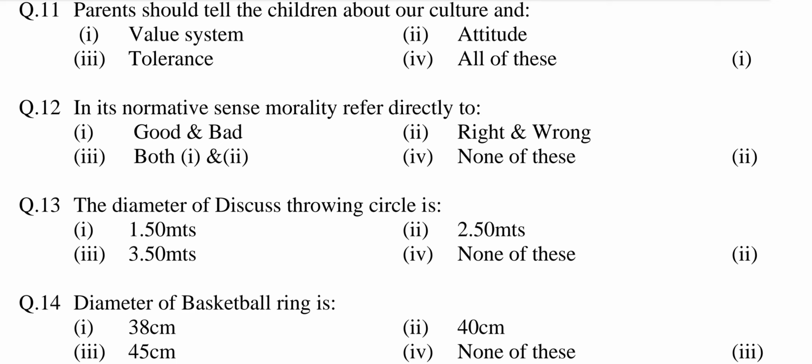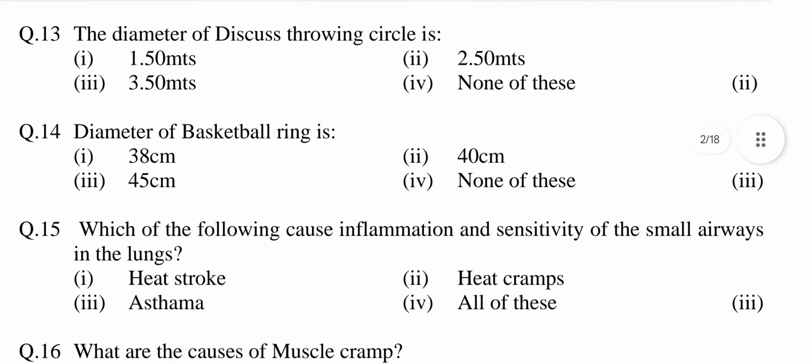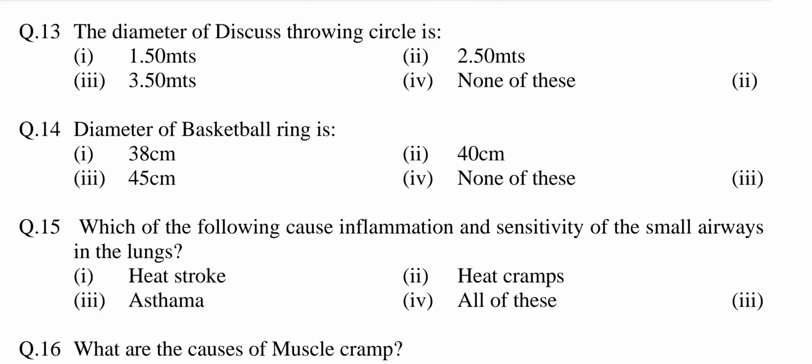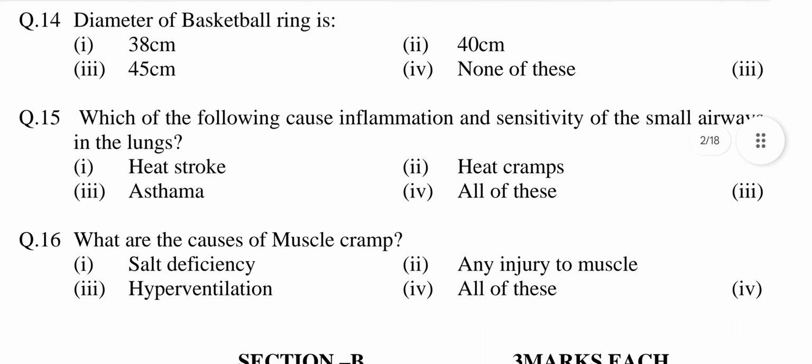Question number 13. The diameter of the discus throwing circle is: option first, 1.50 meters; second, 2.50 meters; third, 3.50 meters; fourth, none of these. Answer is option second, 2.50 meters. Question number 14. Diameter of basketball ring is: option first, 38 centimeter; second, 40 centimeter; third, 45 centimeter; fourth, none of these.